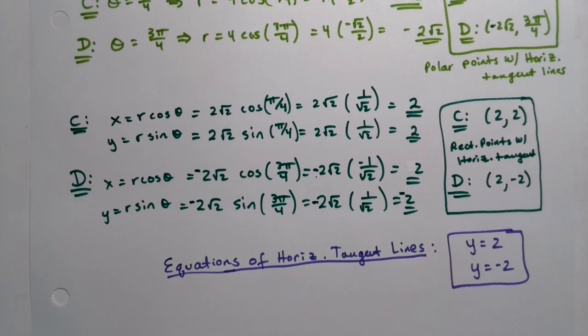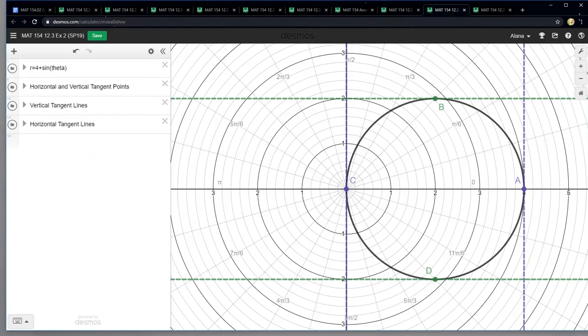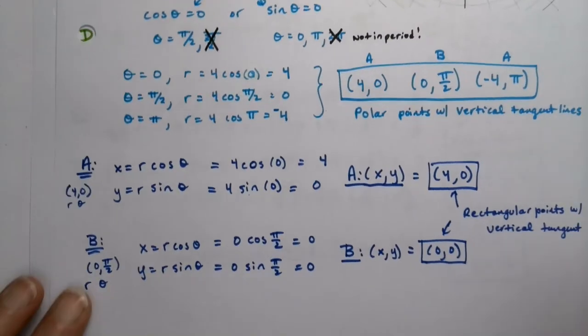Right? Look at the graph. y equals 2, y equals negative 2. I mean, look at those horizontal lines. Of course they are. And the vertical lines, of course, are x equals 0 and x equals 4. We could put that back on the previous page.